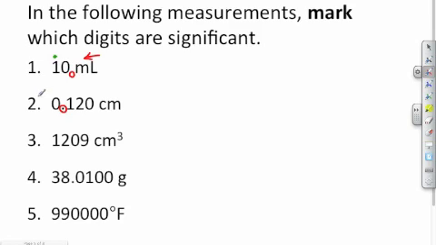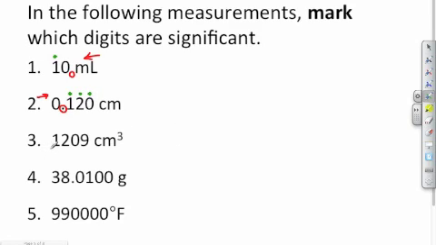The Pacific is on the left side of the United States, so I start on the left side of the number, and I'm going to go across it towards the right, and again, I'm scanning for the first non-zero digit. So the first non-zero digit that I come to is this 1. That digit and any other digit that comes after is significant. So that means the 1, the 2, and then the 0 at the end.